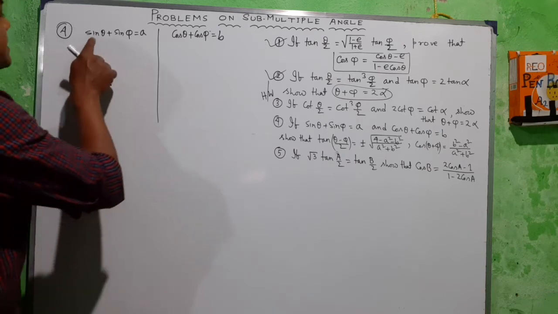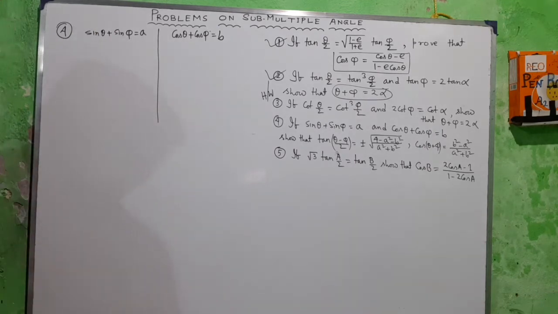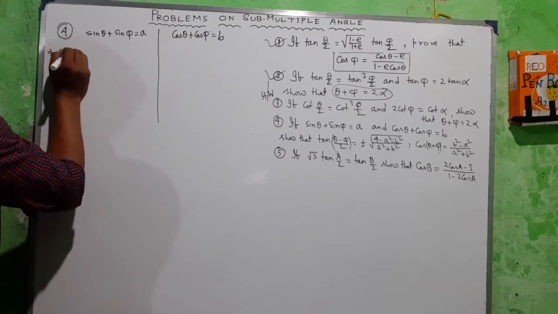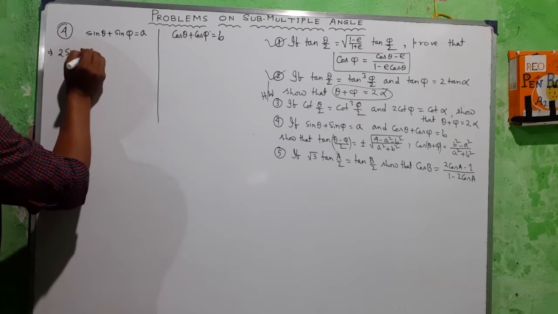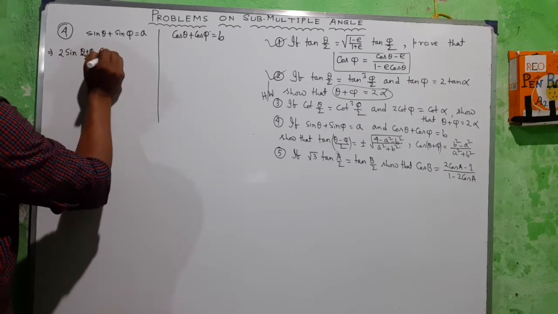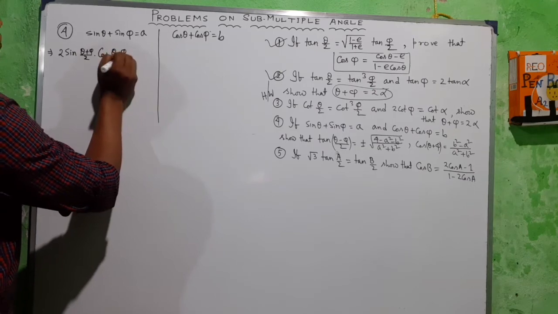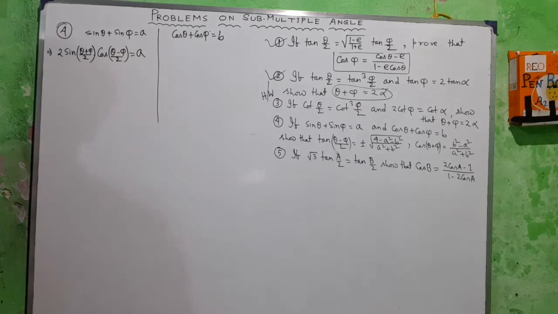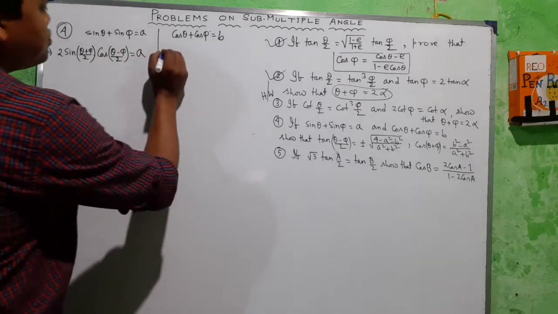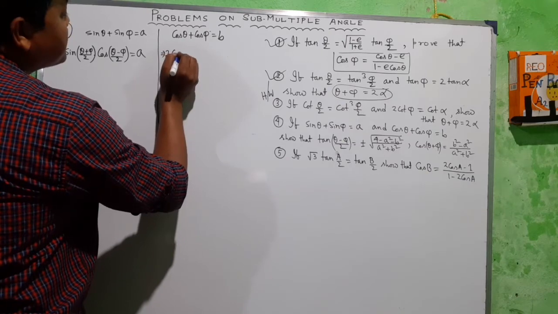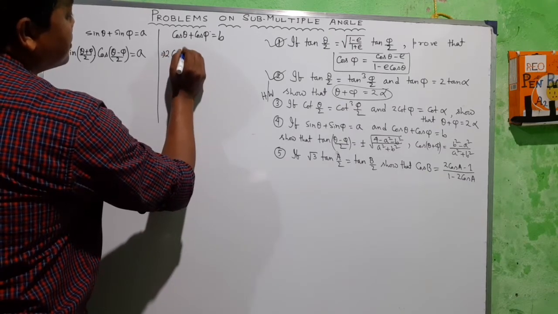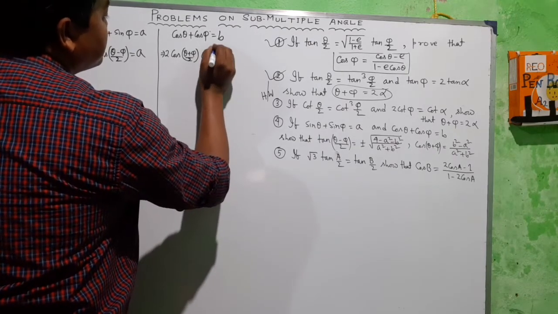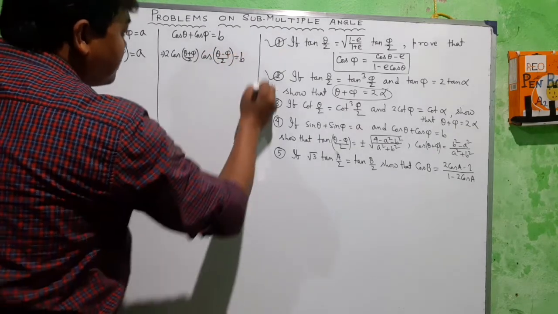Okay, for sin c plus sin d, by using the formula, that is 2 sin of (c plus d) by 2 into cosine of (c minus d) by 2, right, equals A. So similarly, cos c plus cos d is 2 cos of (c plus d) by 2 into cos of (c minus d) by 2, right.